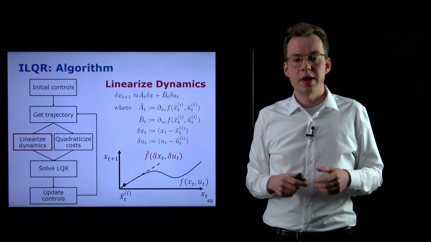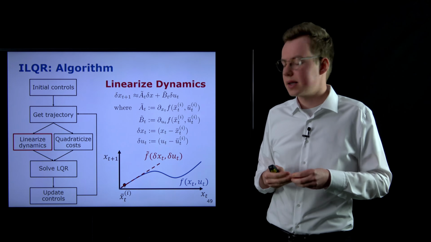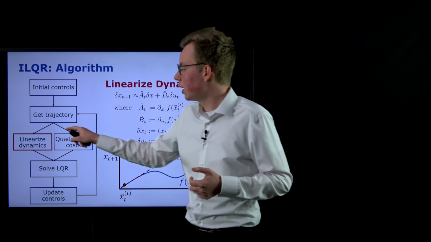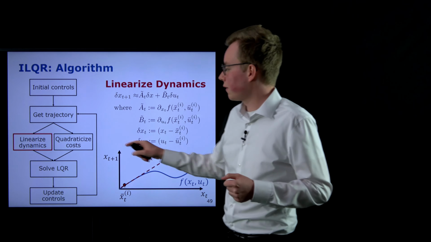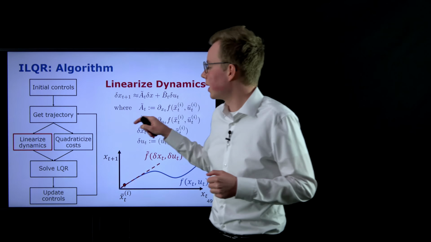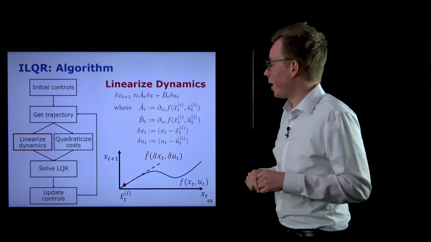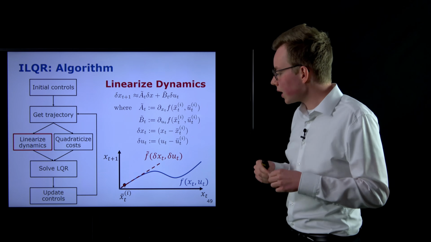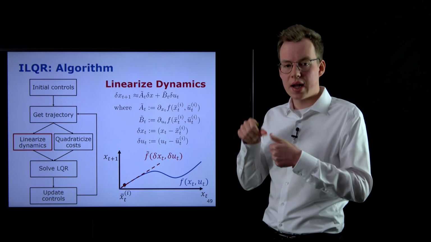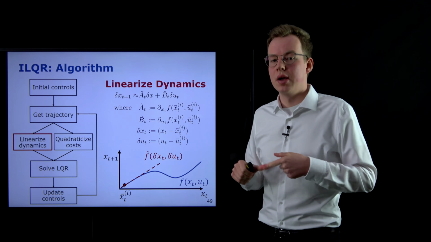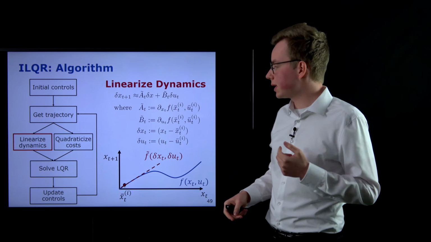And the next thing that we will do is that we want to approximate this problem as an LQR problem. That means we need linear dynamics and quadratic costs. The first thing we do is that we linearize the dynamics about the operating point. We have some initial guess of what the controls are, and we've simulated these forward in time to get the corresponding states.